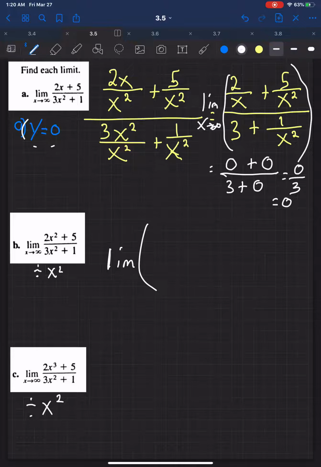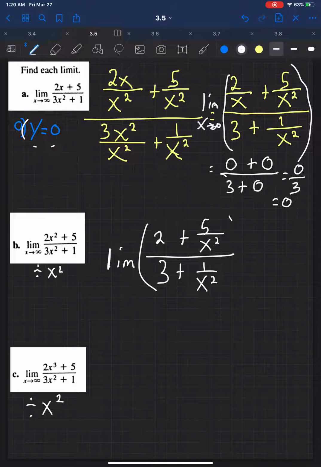Okay, so this one would be, let me just make sure I'm not getting them mixed up on my paper here. So this would be 2 plus 5 over x squared, over 3 plus 1 over x squared. Okay, now I'm going to write out part C, and while I'm writing out part C, why don't you think about what the answer to that should be?